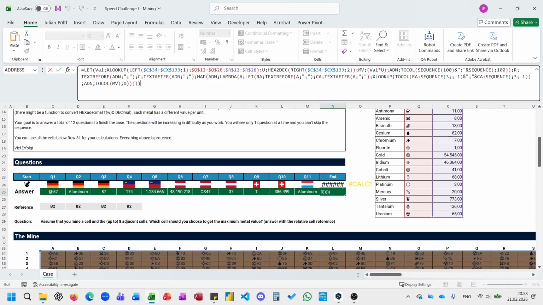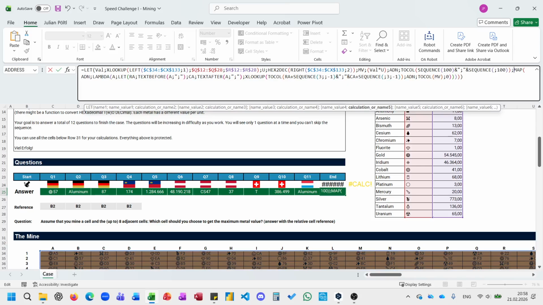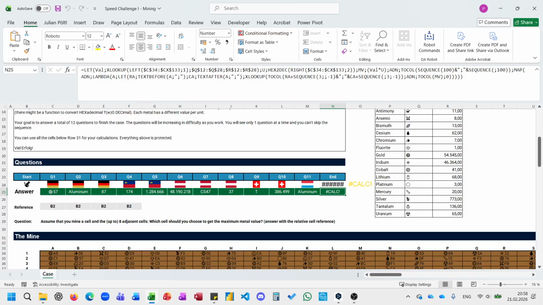Okay, LEFT value, metal value, ADN, R is ADRC. Okay, don't need this. And then MAP ADN LAMBDA A TEXTBEFORE TEXTAFTER XLOOKUP for 2 values in ADN TOCOL MV. Should be right. Okay.